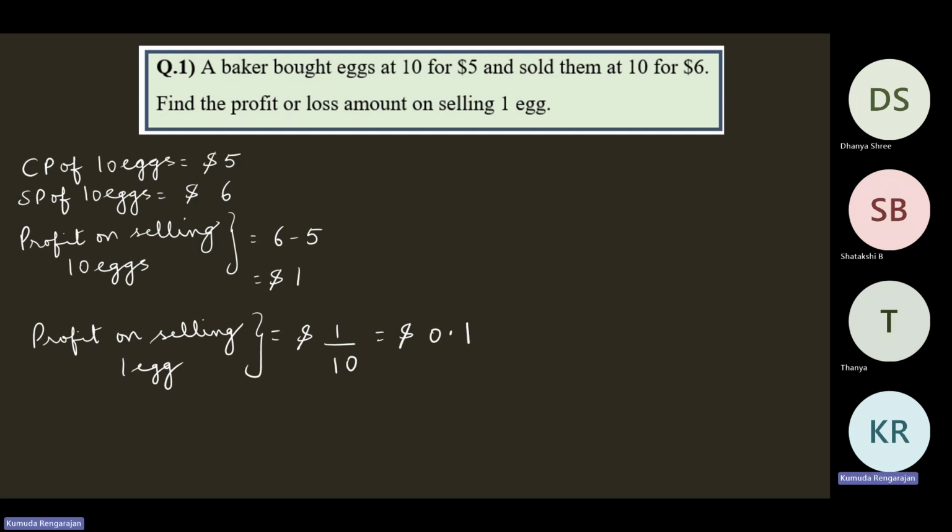So the statements, the working go like this. CP of 10 eggs, $5. SP of 10 eggs, $6. Profit on selling 10 eggs, 6 minus 5, $1. So the profit on selling 10 eggs is $1, and for one egg it will be 1 by 10.